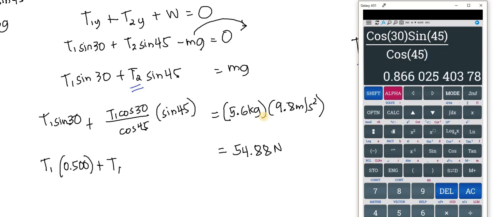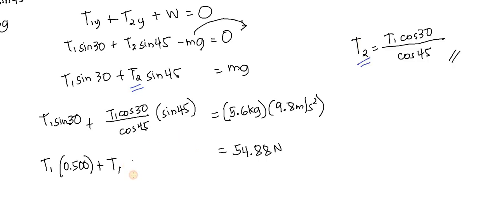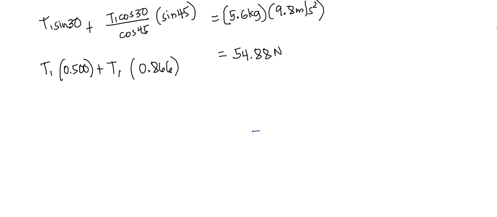So let's get 3 decimal places as well. So that will be equal to 0.866. Okay, so you see that?